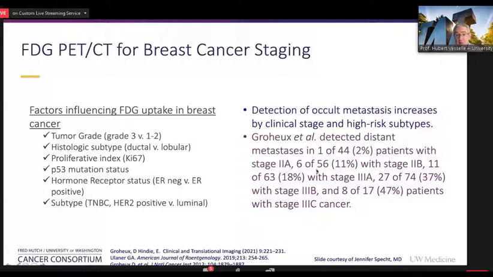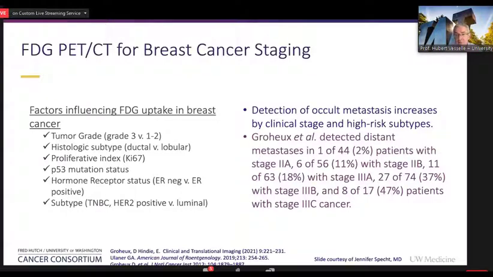That was pretty rare. In 11% of patients with stage 2B, in 18% of patients with stage 3A, but 37% in stage 3C, and 47% in stage 3B. So as the clinical stage goes up, the likelihood of us finding unsuspected distant metastases with FDG PET goes up.